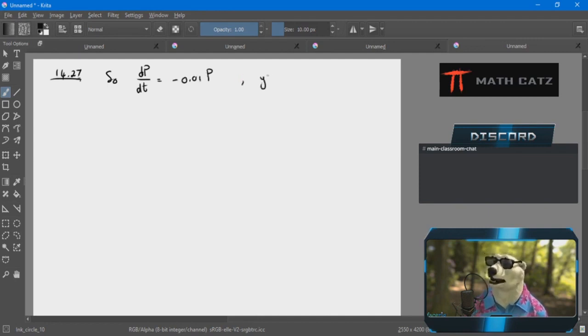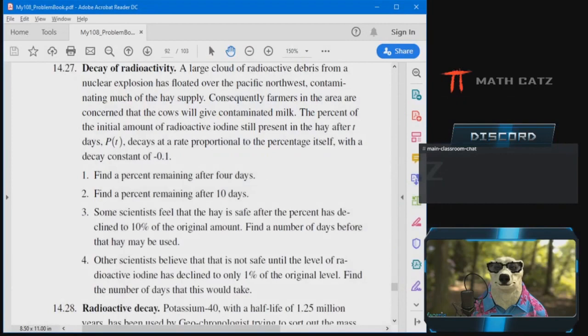that information. Oops, not Y. My initial percentage, do they tell me that? I don't think they do at all, do they? Let me just triple check here. They're concerned about the cows giving contaminated milk. They define P for me.